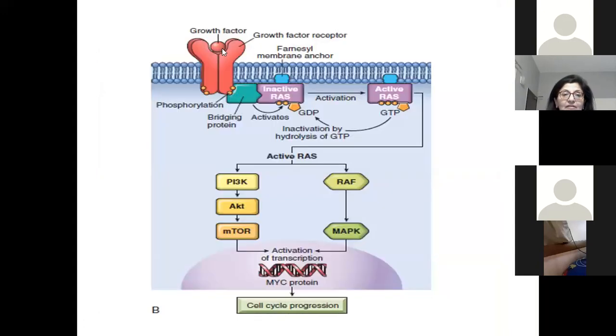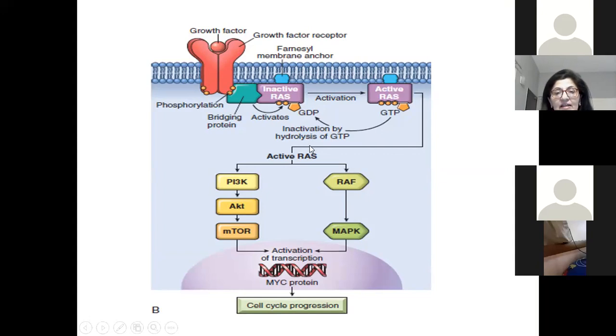This is the growth factor, which is secreted either by its own cell, or this adjacent cell, or coming from the blood from an endocrine organ, and they come and attach themselves to these cell surface receptors, which then activate the inactive RAS gene and convert it into an active RAS.